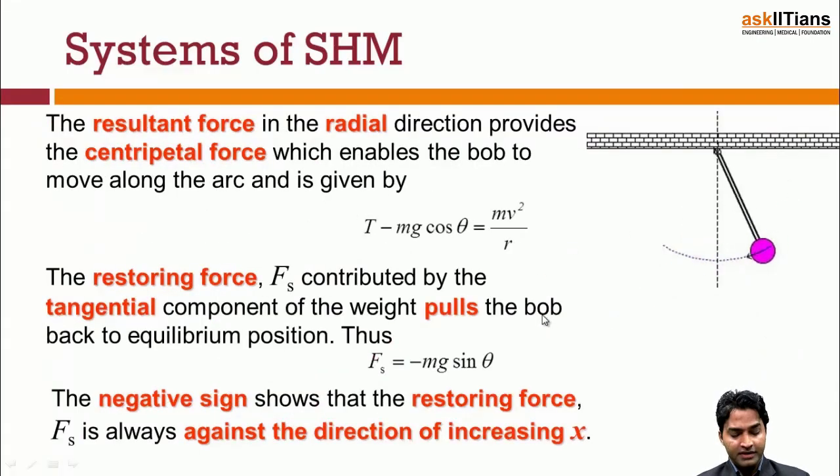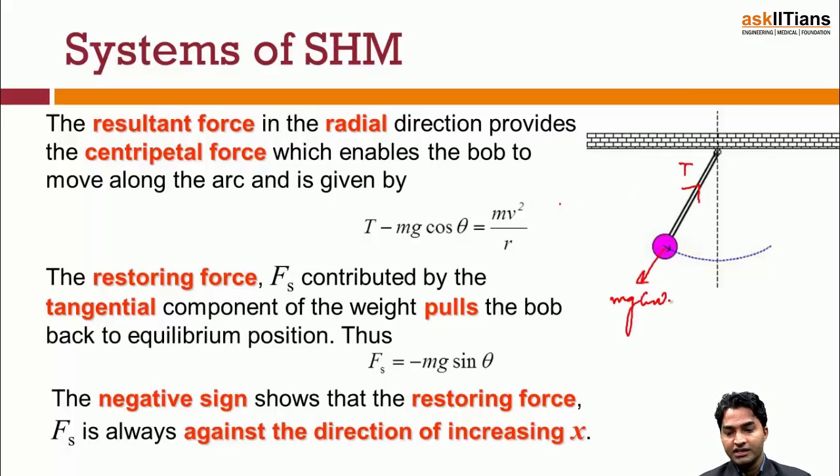The resultant force in the radial direction provides the centripetal force which enables the bob to move along the arc, and is given by T minus mg cos theta, which is equal to mv square upon r, equal to Fc.